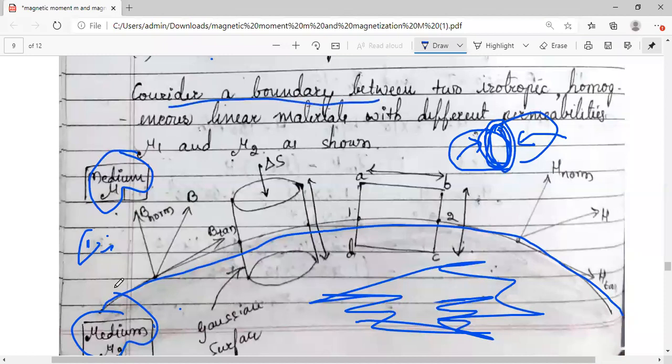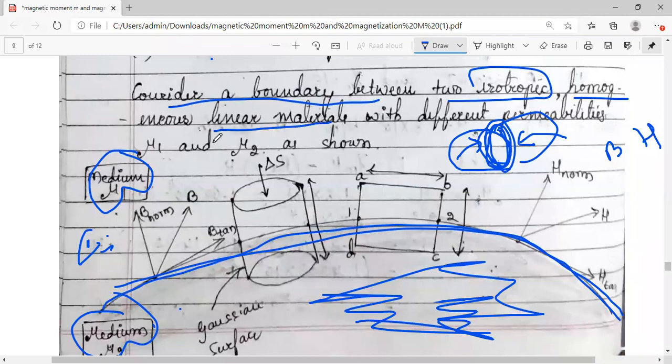Consider a boundary between two isotropic media. You know what isotropic is: structure wise, they are similar. Iso means same. Homogeneous means the value is uniform. Whether you take B or H, whichever component you calculate, at every point we will consider it to be homogeneous.